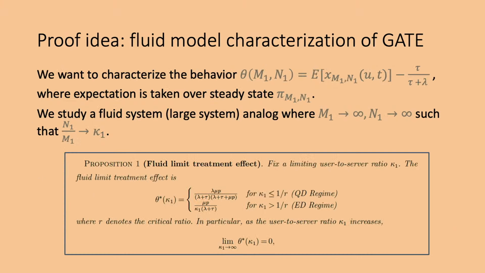If we do that, skipping through some of the details, we see there are two distinct regimes for the average treatment effect, one of which does not depend on the server-to-patient ratio, and another one that does. Happy to talk about this more after as well.